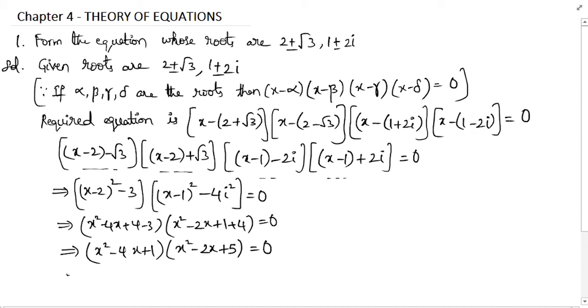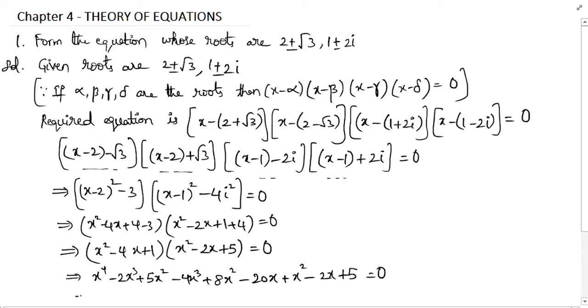So which implies that x power 4 minus 2x cube plus 5x square minus 4x cube plus 8x square minus 20x plus x square minus 2x plus 5 is equal to 0.